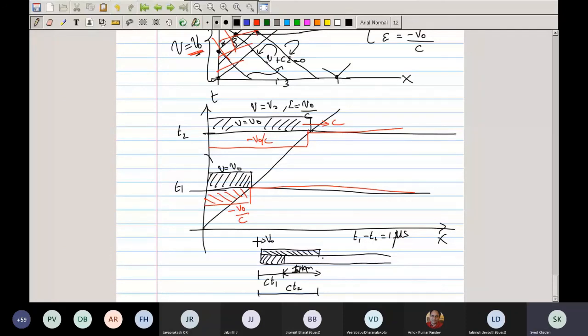Now let us say I do something similar to what I have done for the water problem. I want to apply this velocity v0 only for a short period of time, and then I want to make the velocity 0 again. Go to the next page, please.